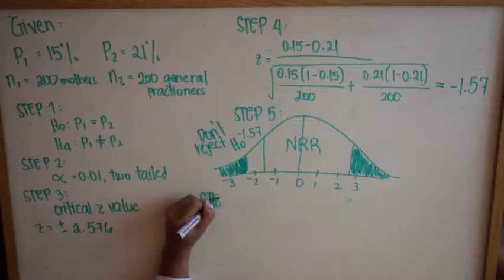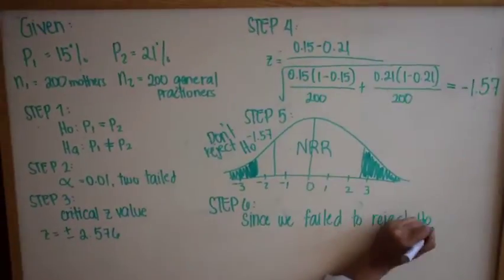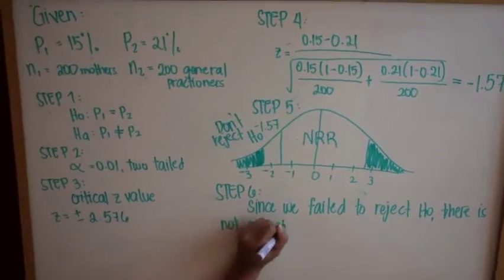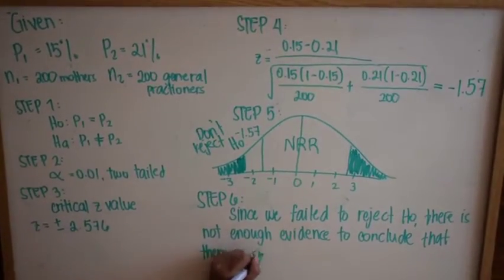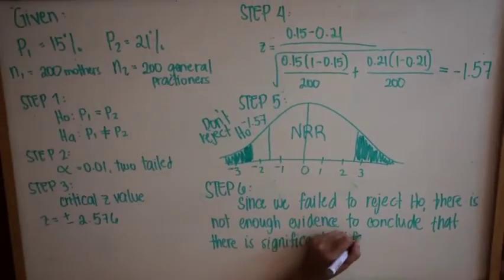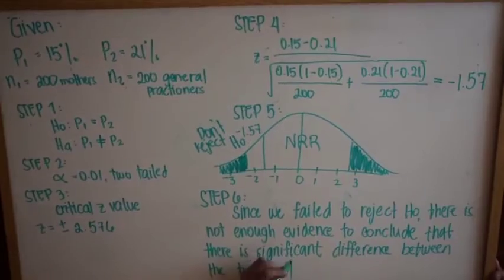Step 6. For the conclusion, since we failed to reject H0, there is not enough evidence to conclude that there is a significant difference between the two proportions.